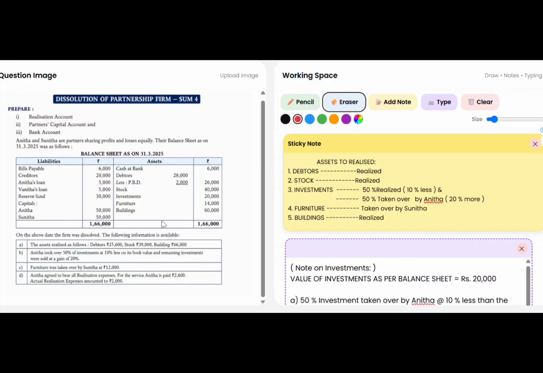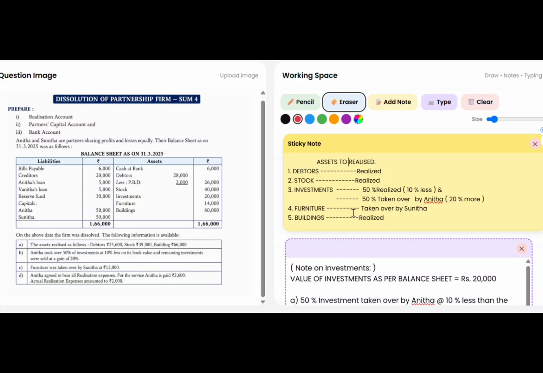The assets realized, as given in the adjustments: debtors are realized at rupees 25,600, and stock is realized at rupees 39,000. For investments, 50% is realized at a gain and the other 50% is taken over by Anita at 10% lesser.